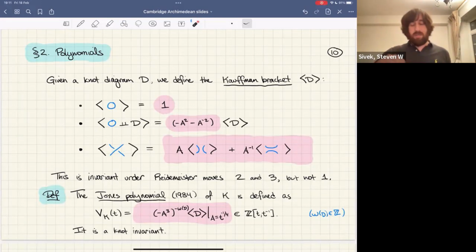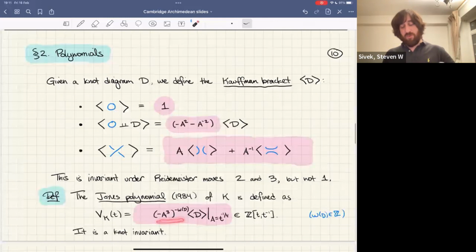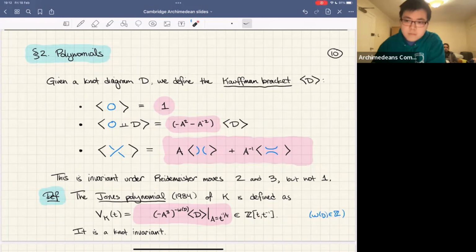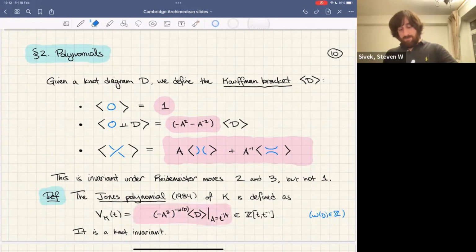Well, yeah, once you've normalized, you need to add this factor in to correct for the Reidemeister 1 moves. You could do that, but I think maybe the point is that you'll get a polynomial in a to the 4th, so it makes sense to do this substitution. You get a polynomial where powers of t appear by themselves.